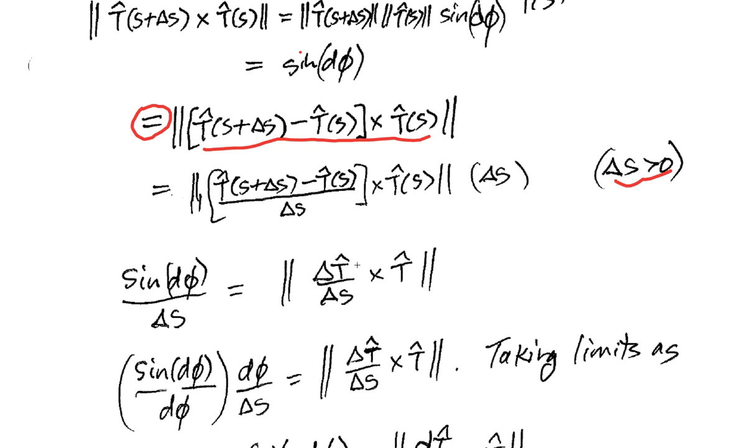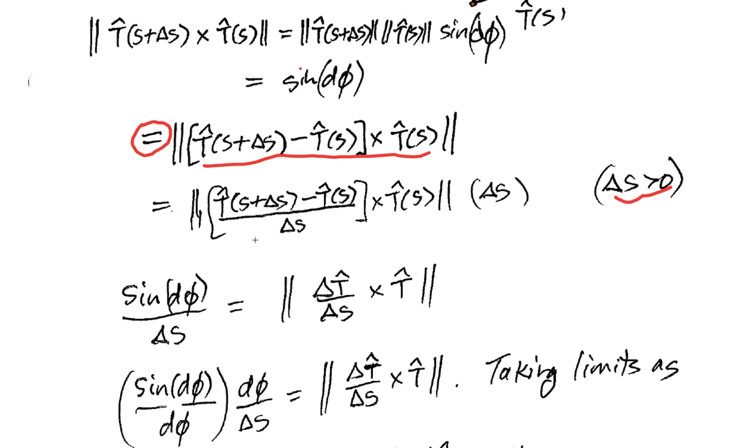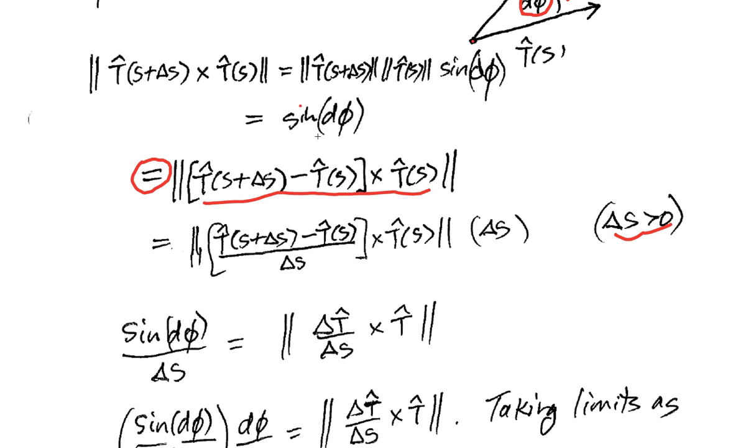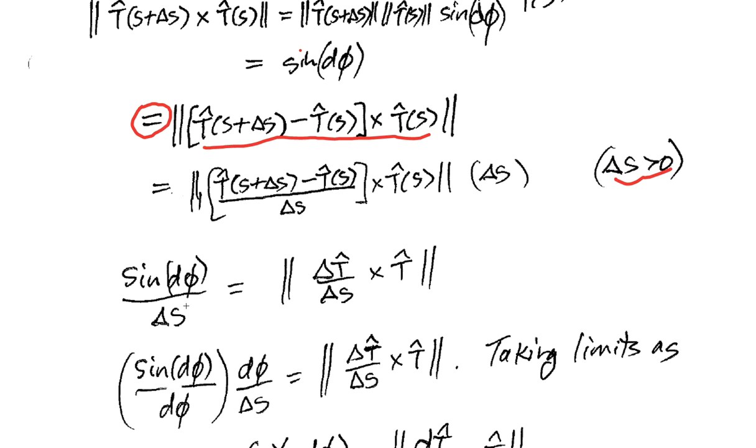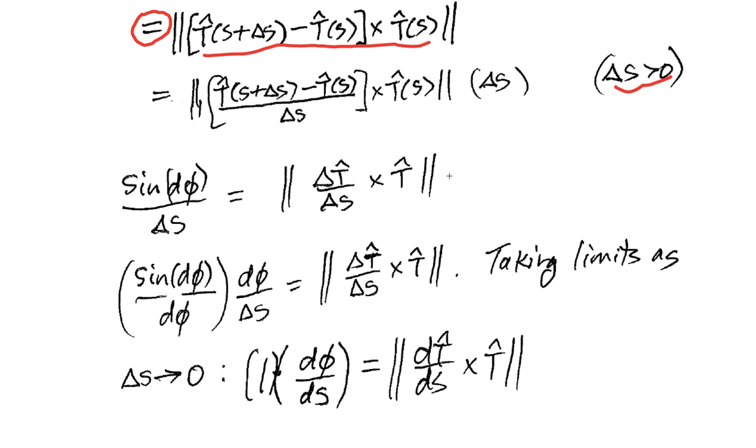Anyways, if this was supposed to be equal to the sine of d phi, so if I have the sine of d phi and I divide by delta s, I would get the magnitude of the cross product of delta T divided by delta s crossed with T hat. So this clearly follows from the equation above. I just divided on both sides by delta s.